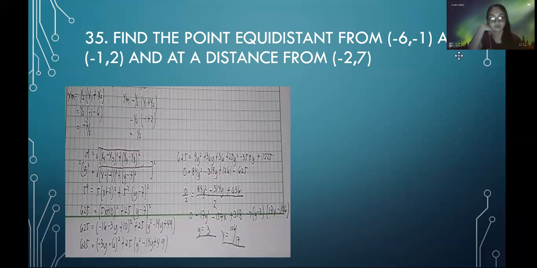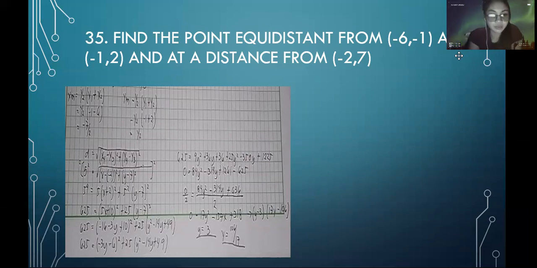So 625 is equal to negative 16 minus 3y plus 10 squared plus 25 times the quantity y squared minus 14y plus 49.